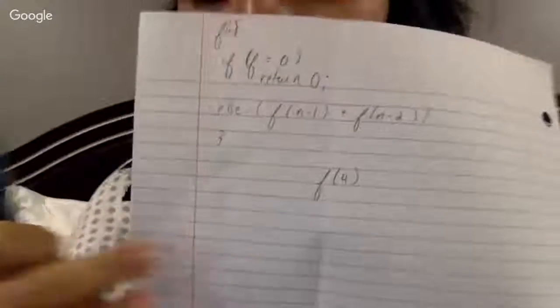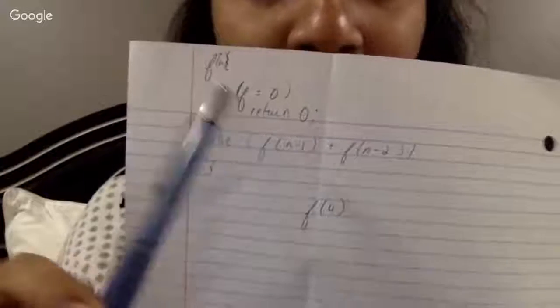The way you want to approach this is to draw a tree instead of doing the whole arrow thing, because that starts getting messy. So say we call f of 4. That would be the top part of your tree. We know that f of 4 is not equal to 0, so we return f of 3 plus f of 2.